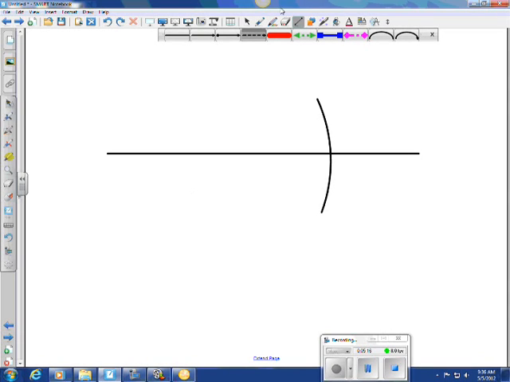And we're going to use this to establish our center point. That's going to be something we call our center. And the arc over here was drawn using the center point. Okay?